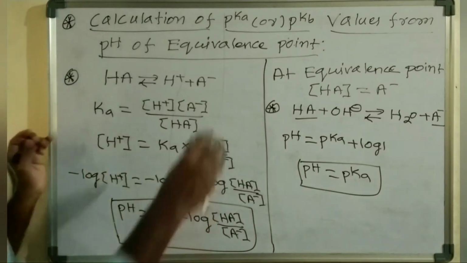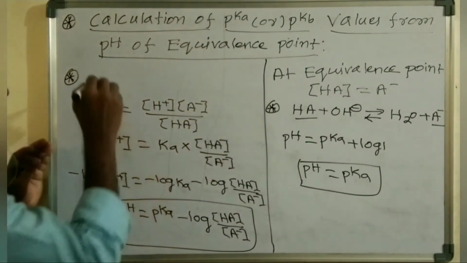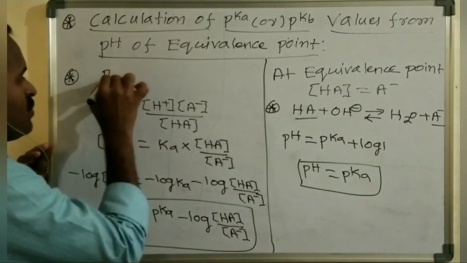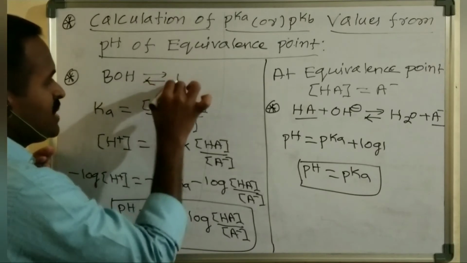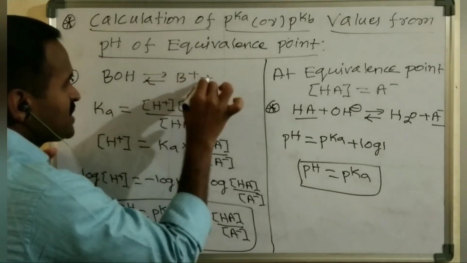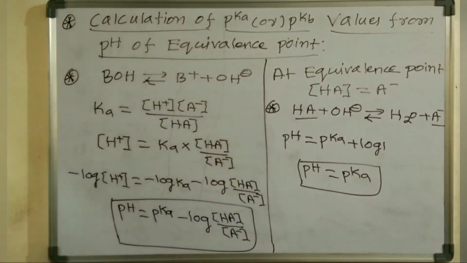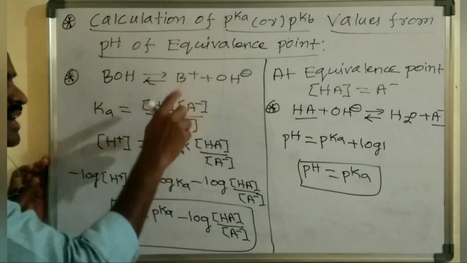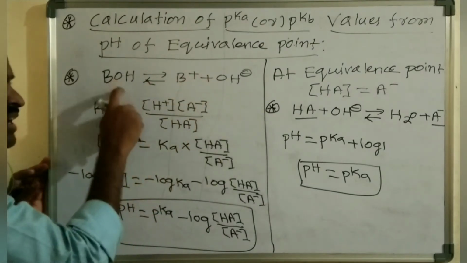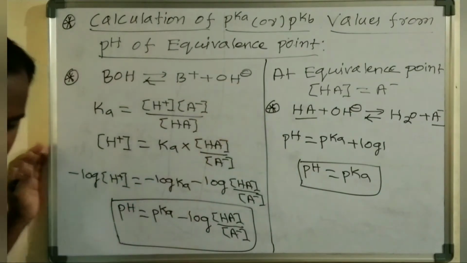Consider that BOH is the general form of a weak base, and it dissociates into B plus ions and OH minus ions. This weak base undergoes some extent of ionization, so an ionic equilibrium exists between the undissociated BOH and the dissociated B plus and OH minus ions.